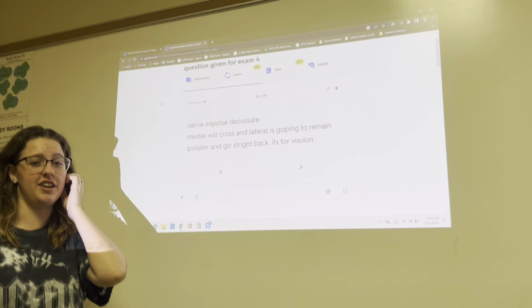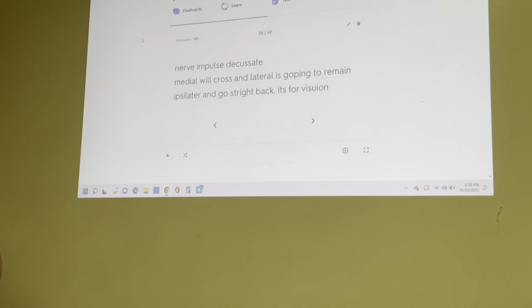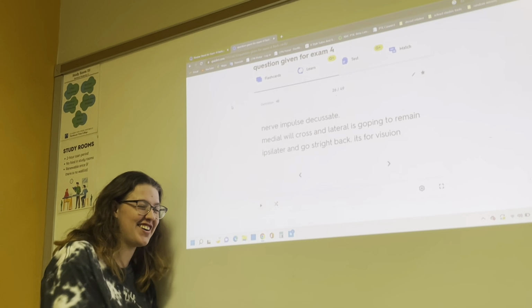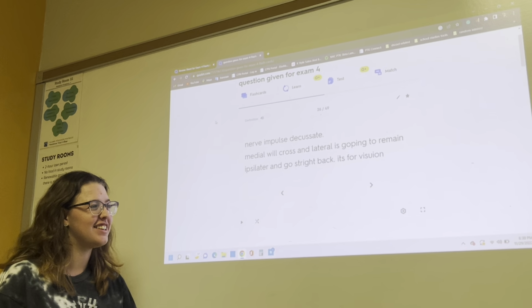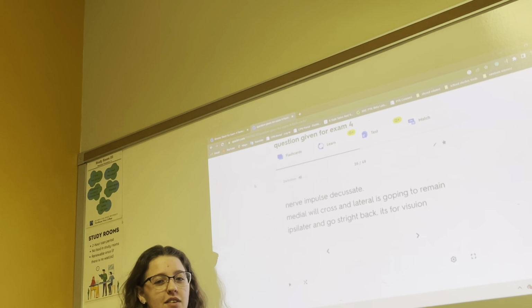It's for your vision. So remember what we did in class. The medial is going to cross, and then the ipsilateral is just going to go straight back. Everything's French in here.